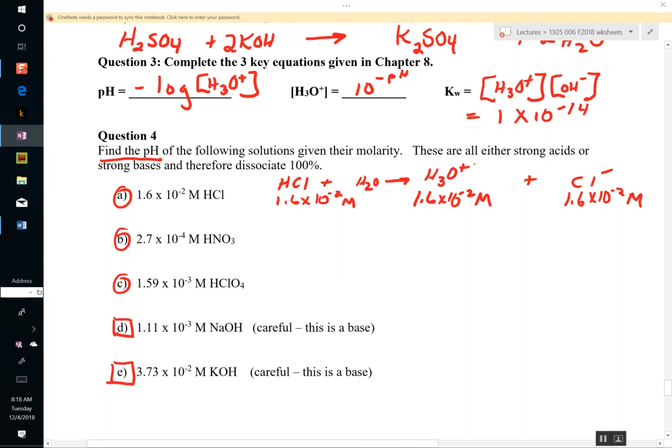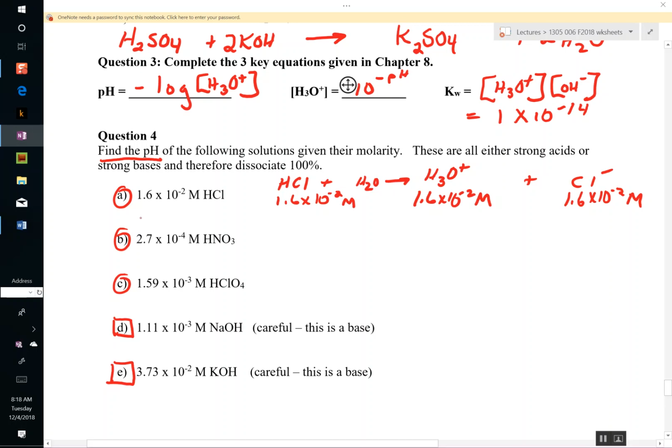We've got an HCl going in the water. What happens? It dissociates, the proton goes onto the water, and the chloride floats around as a chloride ion. So you know this, and you want to calculate this.